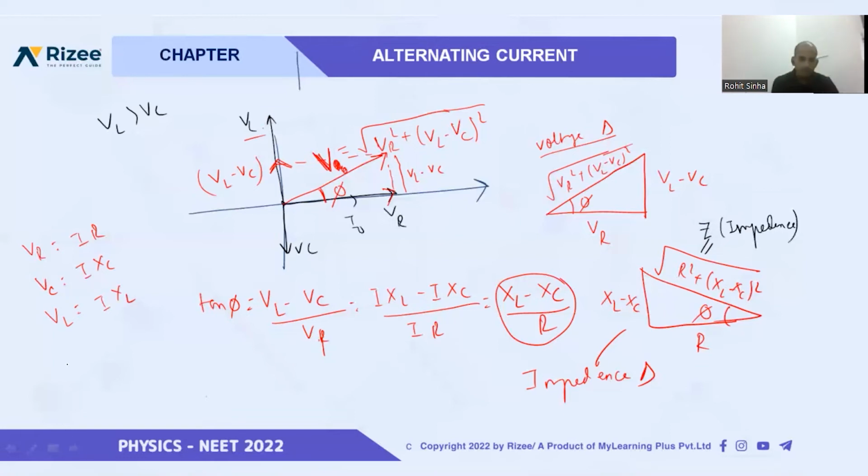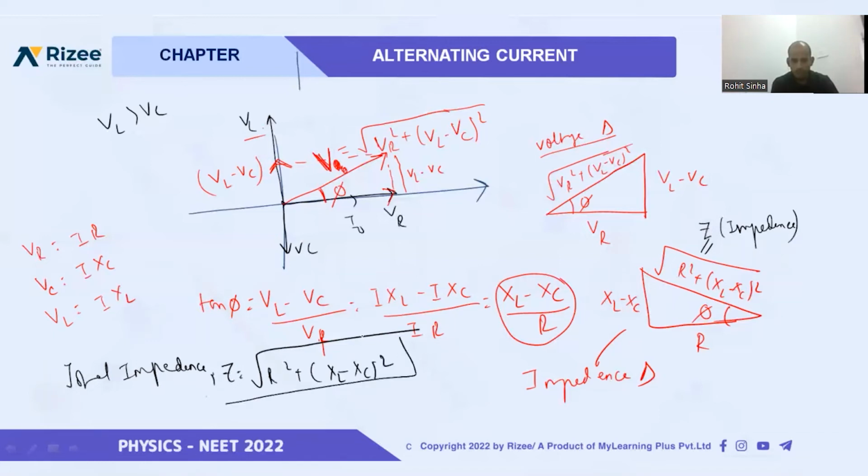So the total impedance Z is equal to the square root of R square plus XL minus XC whole square. This is called the total impedance.